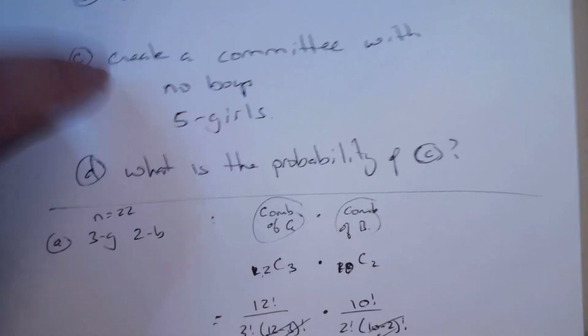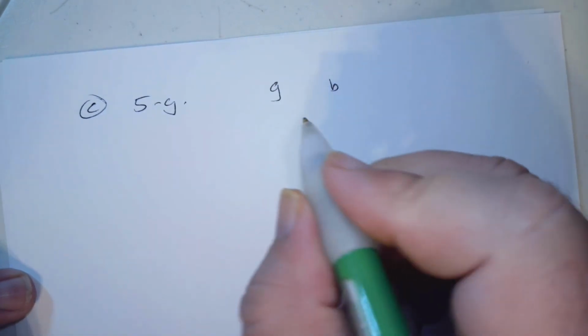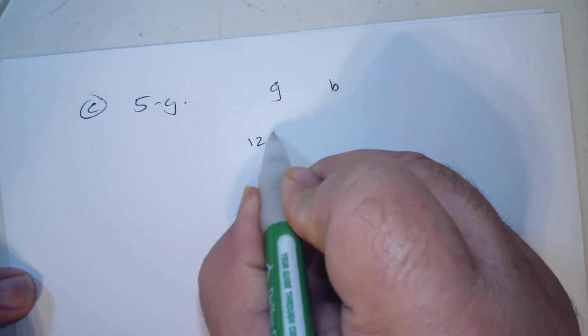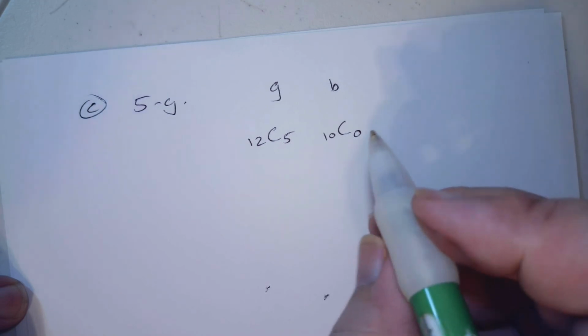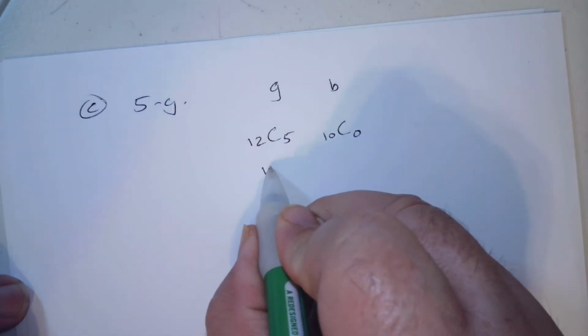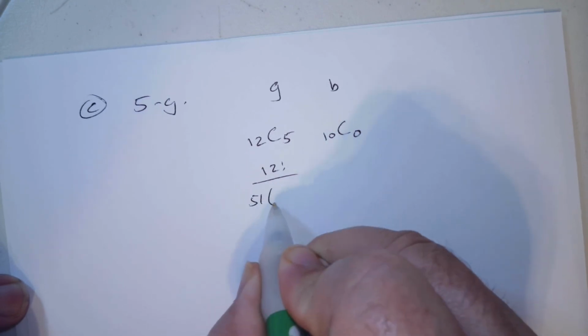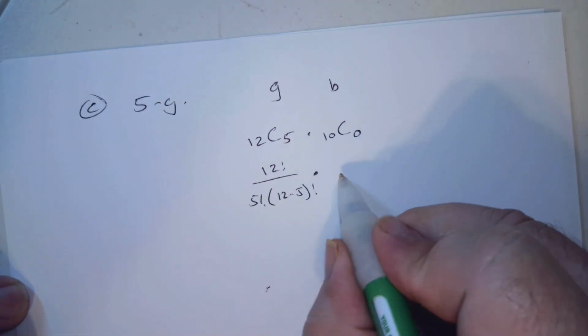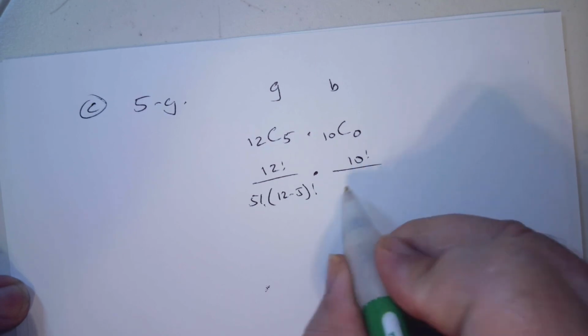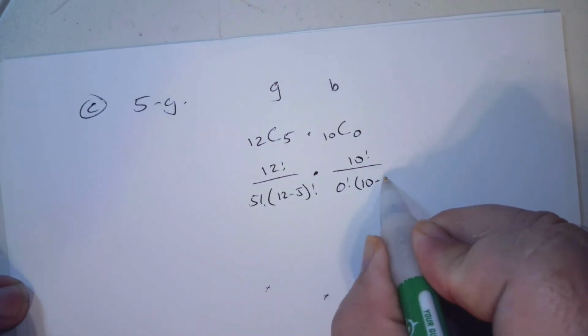Okay, now we look at committee of all girls. So committee of 5 girls. So here's the girls, here's the boys. There were 12 girls, and we want 5. 10 boys, we don't want any of them. So we have 12 factorial over 5 factorial times 12 minus 5 factorial, times 10 factorial over 0 factorial times 10 minus 0.